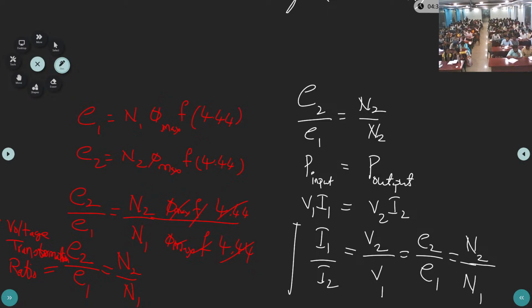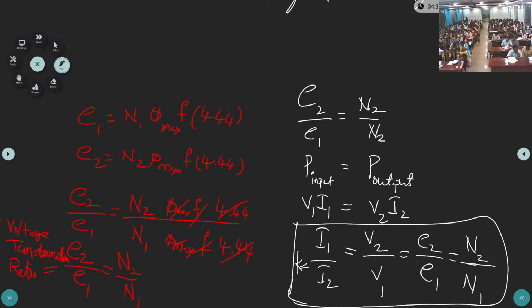So this total is nothing but the transformation ratio. K is nothing but the transformation ratio. How many formulas are we having now? V2 by V1 is equal to N2 by N1 is equal to E2 by E1 is equal to I1 by I2.